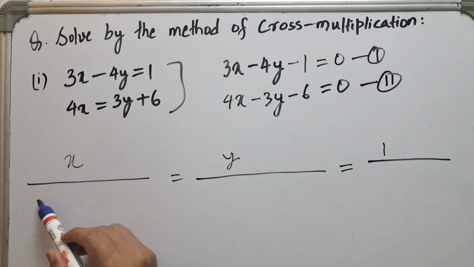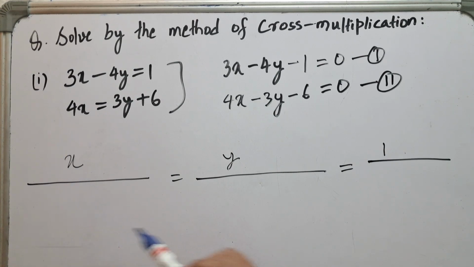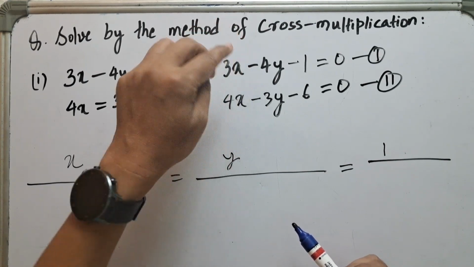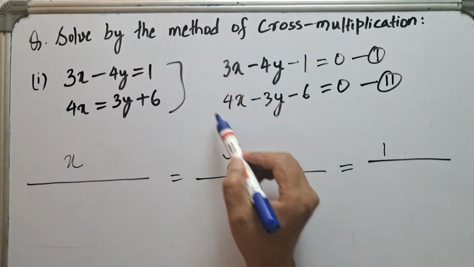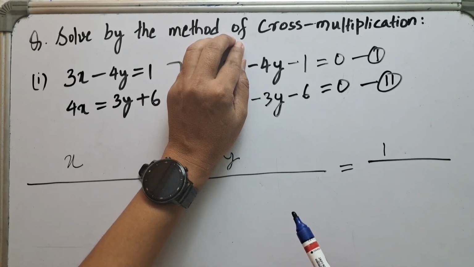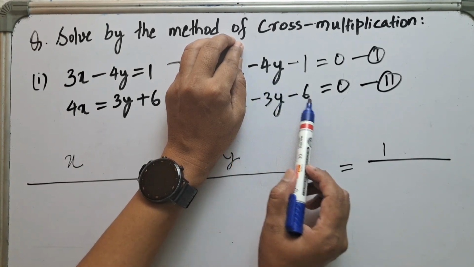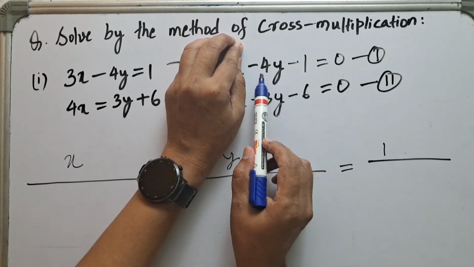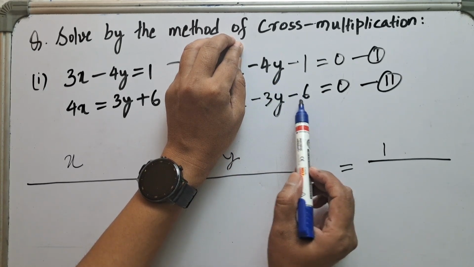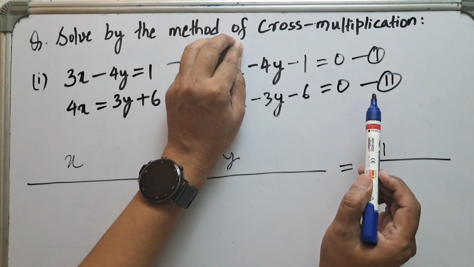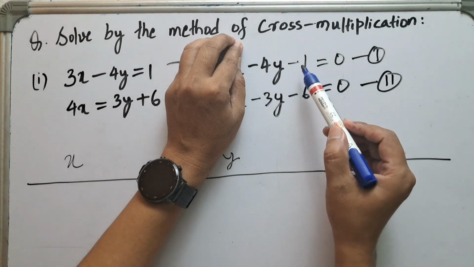To do this, we have to cover x, the 3x and 4x. Then we multiply these numbers diagonally. So we have minus 4 and minus 6. We multiply these two numbers first and then we write minus, and then again minus 3 into minus 1.